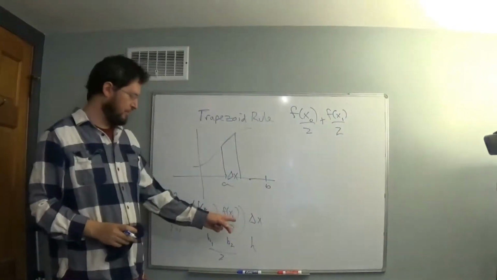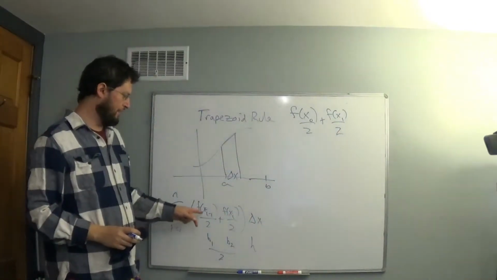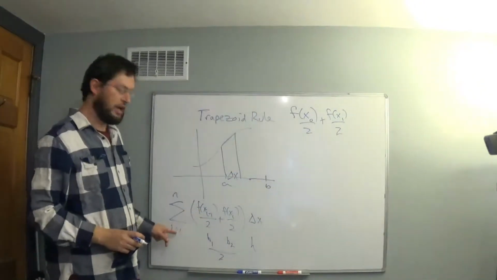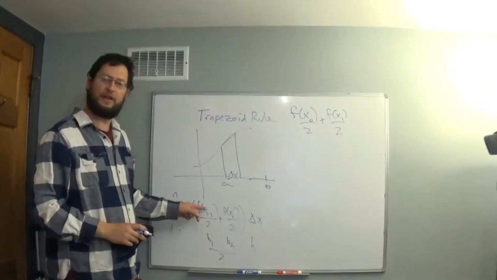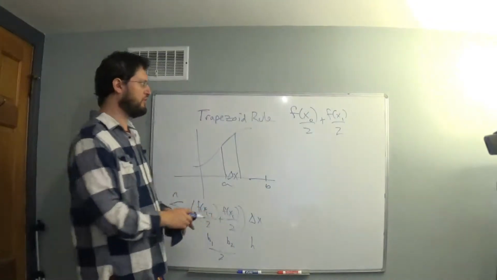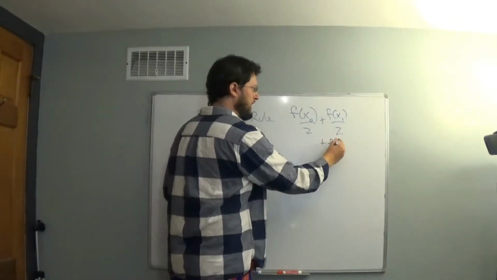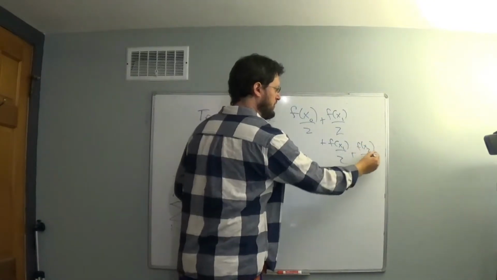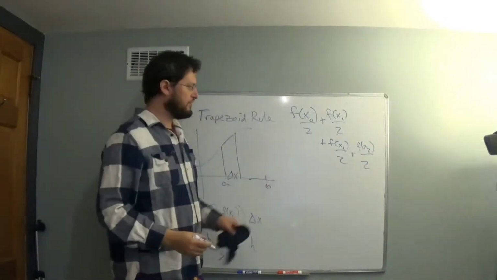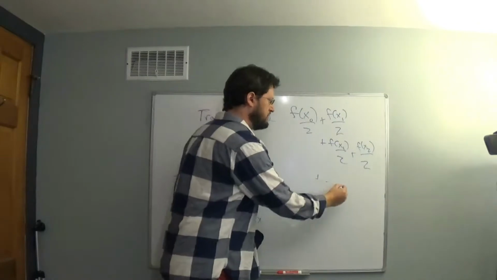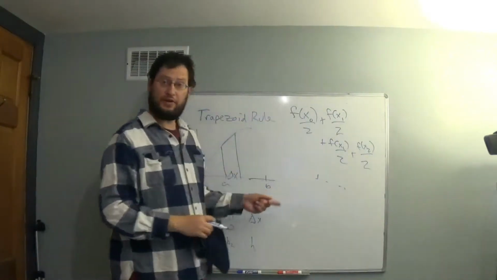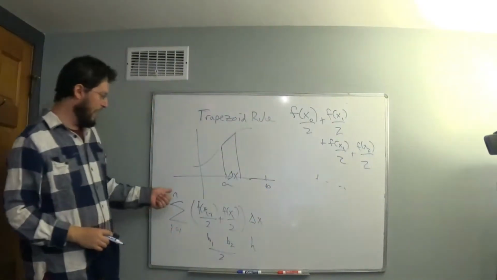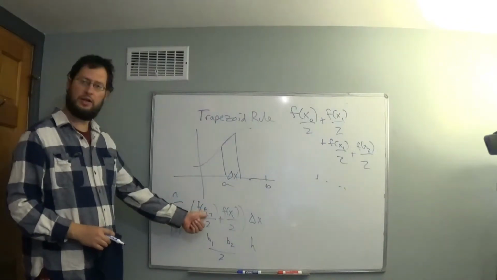And then when I plug i equals 2 in, I'll get f at x1 plus f at x2. So that will be plus f at x1 over 2 plus f at x2 over 2. And so on and so on. And at the very end, when I plug n in, I'll have n minus 1, and I'll have n.